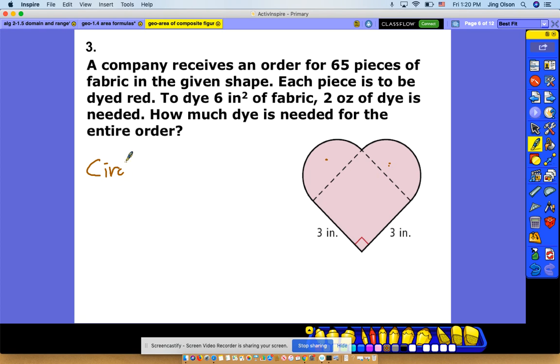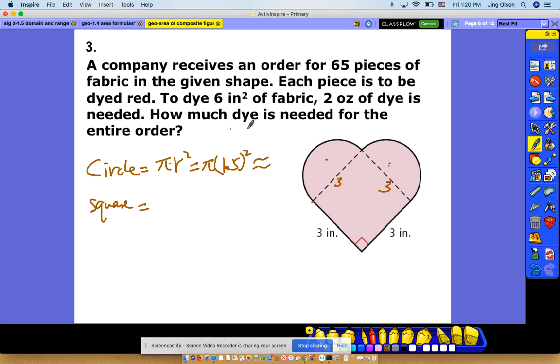We have a square. The full circle will be pi r squared, pi times radius squared. The 2 halves make a whole. The diameter is 3, so the radius is 1.5. So 1.5 squared times pi.